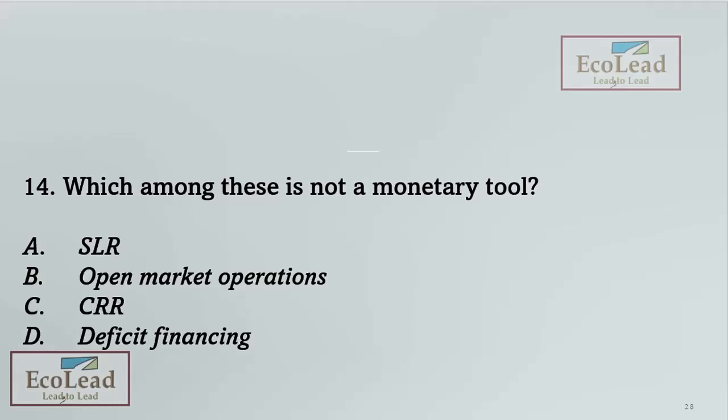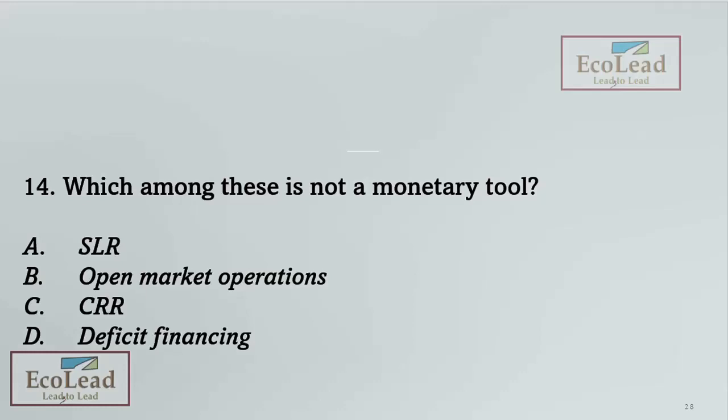CRR, that is cash reserve ratio. Yes, this is also coming under the monetary policy. And deficit financing. Deficit financing is not actually coming under the monetary policy. So the first three options are basically coming under the tools, monetary tools, to formulate the monetary policy.